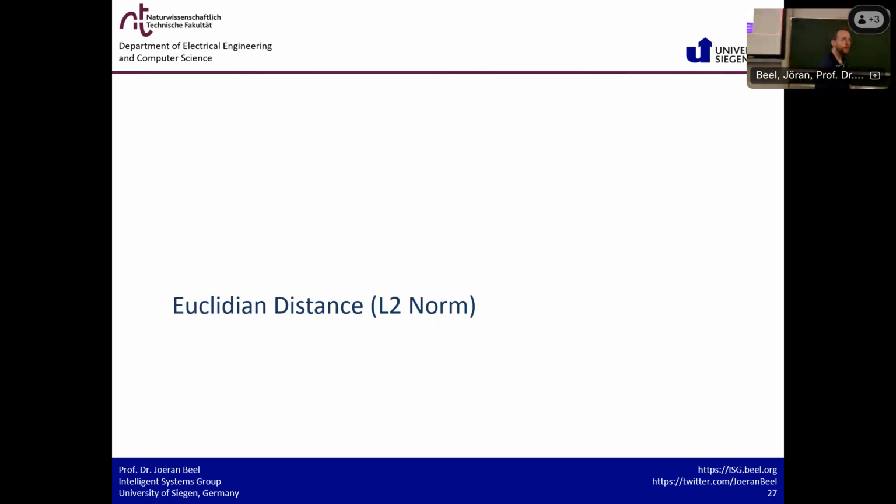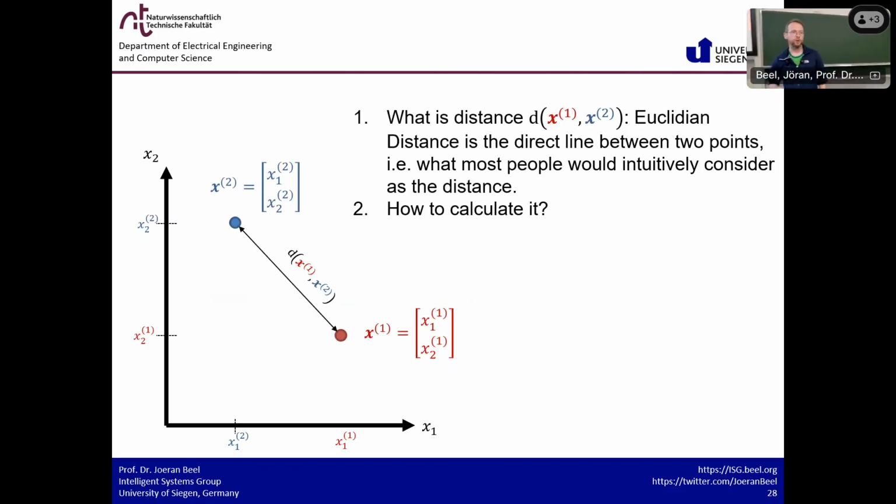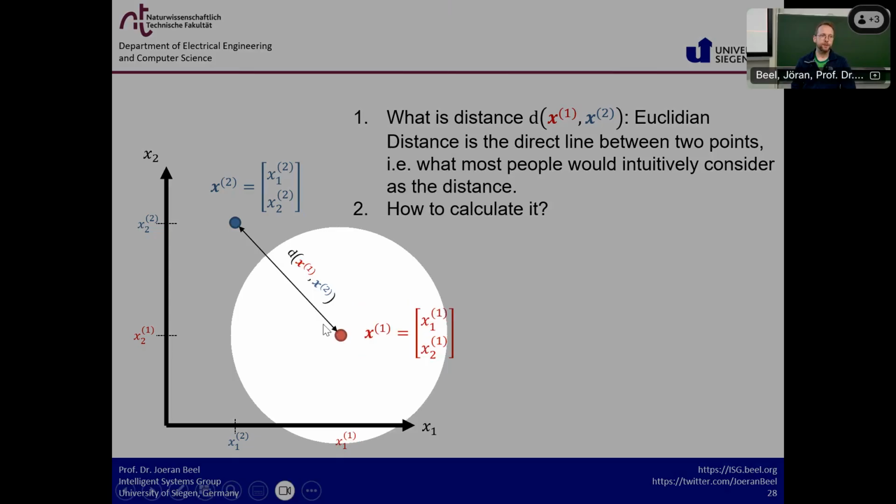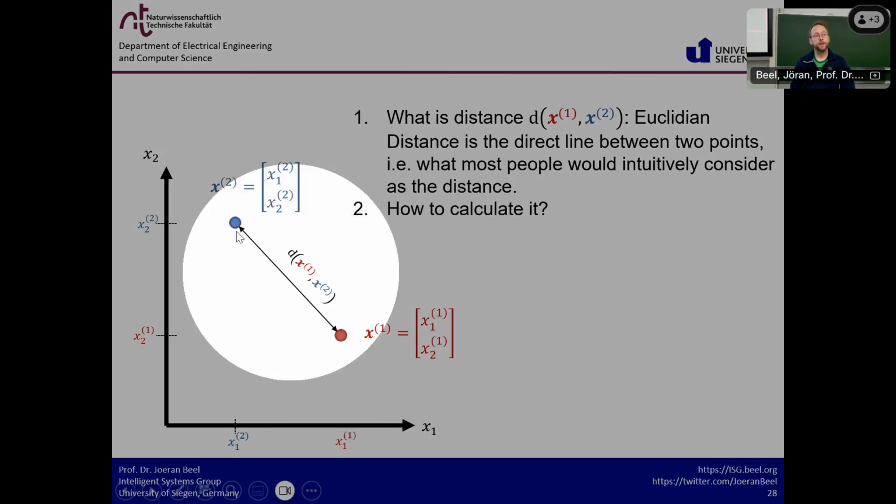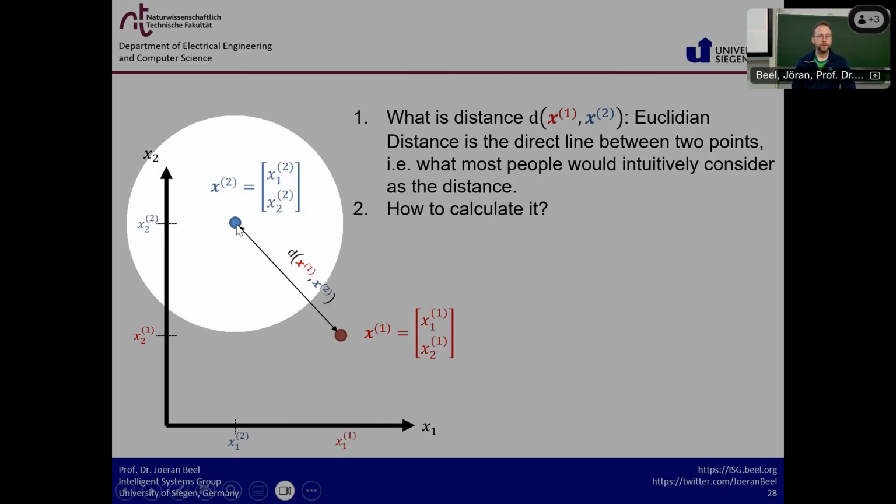The most common one is the Euclidean distance, also L2 norm. That's what intuitively people would consider the distance. It's like the direct connection between the 2 points. So that's the Euclidean distance, just a straight line between the 2 points.